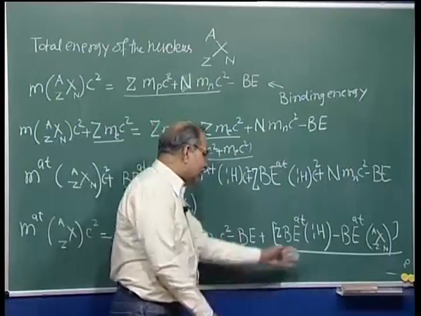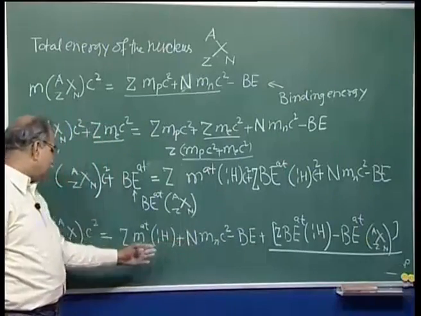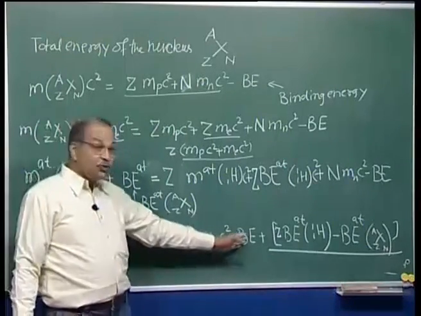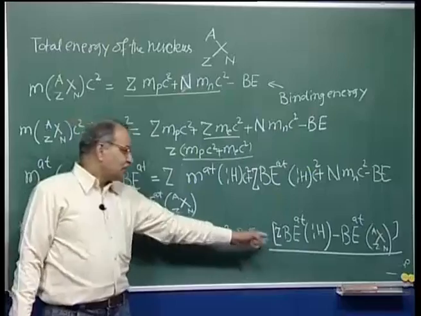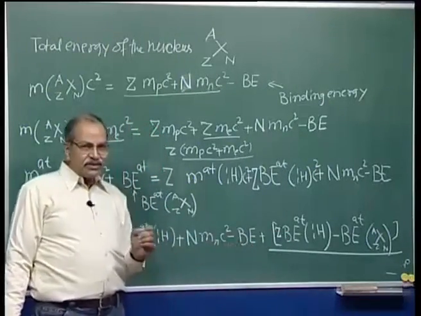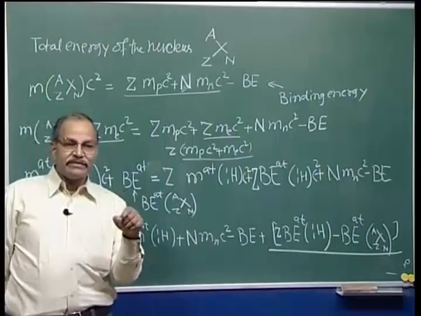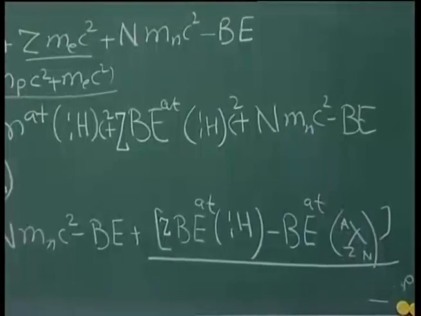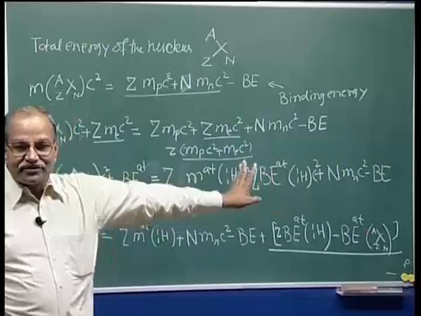And this is nuclear binding energy, remember. So, this whole thing is going to be very small as compared to this, and unless you have some very sophisticated experiment or calculations, you can always neglect that.